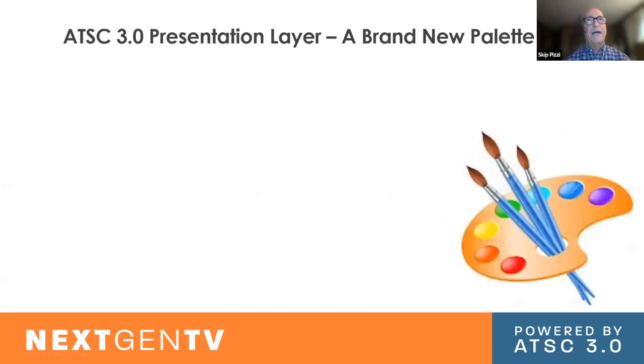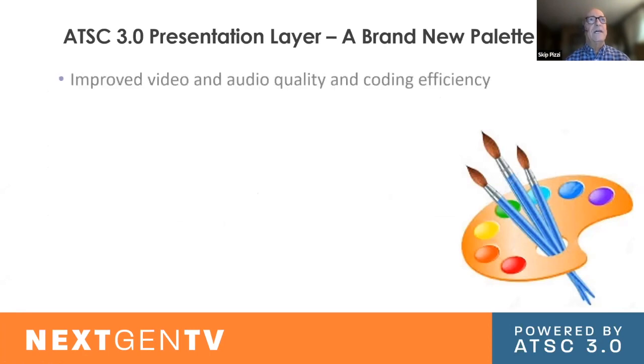Finally, at the top layer, we have all the actual content. Certainly more and better audio and video, both qualitatively and quantitatively. Codecs have come a long way since ATSC-1. We're still using MPEG-2 video and AC-3 audio. We've seen about a 4x improvement since then in both audio and video efficiencies.